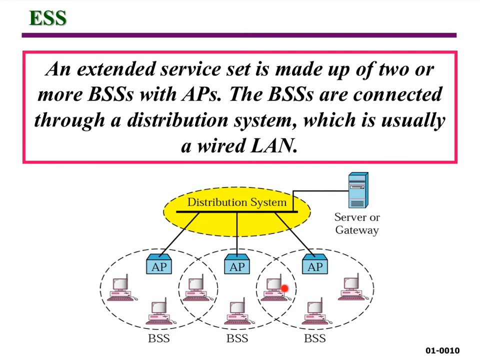And here comes an interesting situation. Not only can you move from one location to another, you can actually be in a location where you are covered by two or maybe three access points. So which one do you connect to? One factor is to connect to the one that has the strongest signal. So you have to do some measurements to see which one has the strongest signal and connect to it.